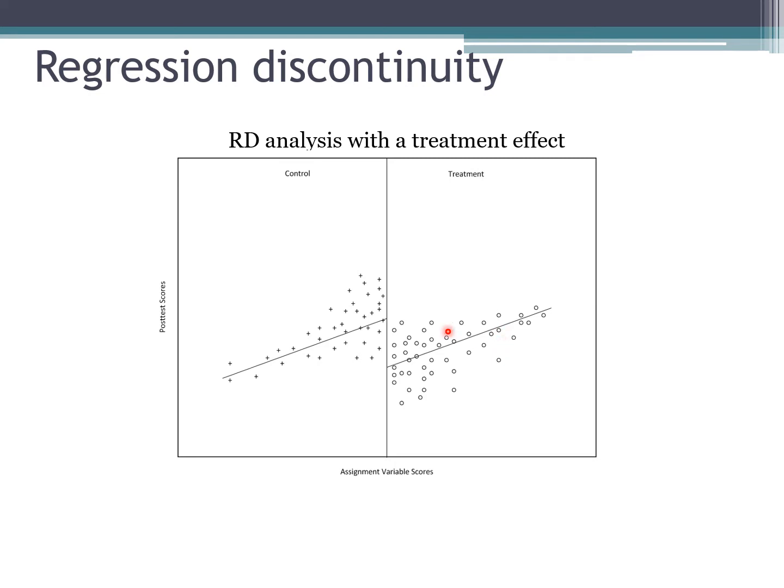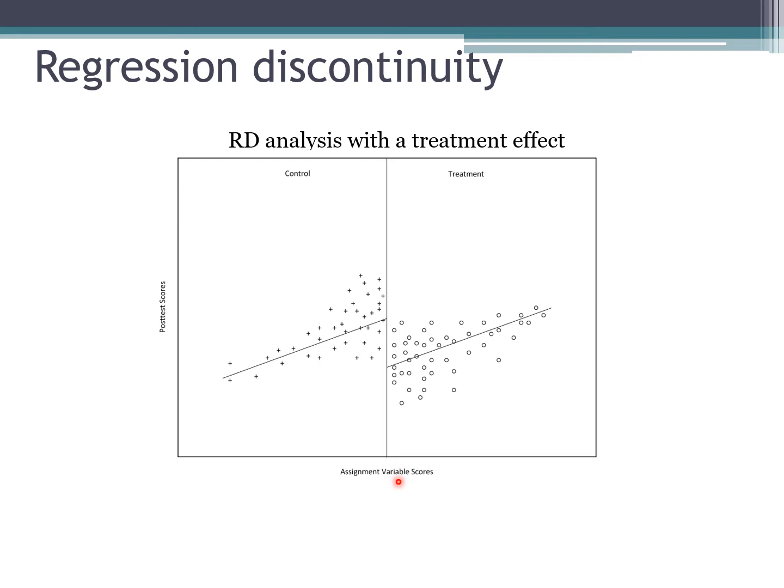If there was no treatment effect, we should see that slope continue to extend up to the higher distribution of the assignment variable, but that's not what we observe here. So again, think of this as interrupted time series, as if we were looking at a longitudinal series of data, and on the x-axis would be time, and at the point of intervention, whenever we implemented that program, we saw a sudden drop, a level change in the predicted values of the outcome.